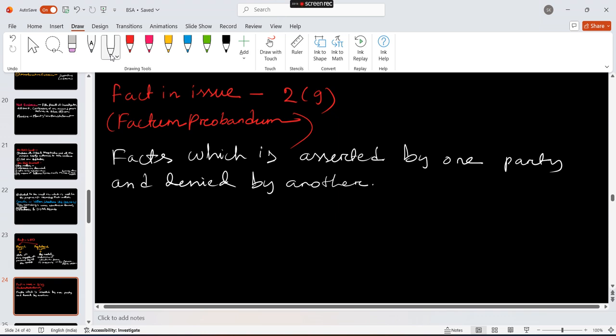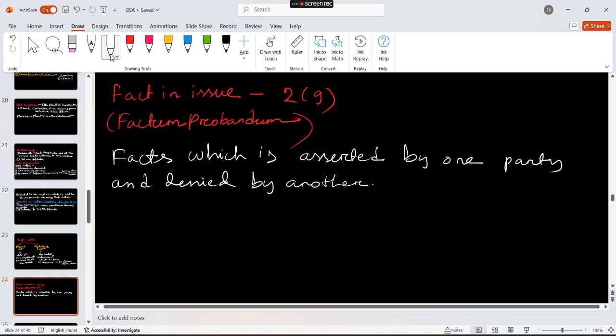Maybe there was grave and sudden provocation, or maybe A just exceeded the right of private defense against B. There might be some exceptional circumstances, or it might be a planned thing.